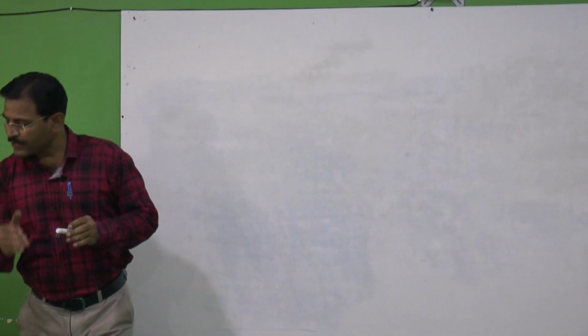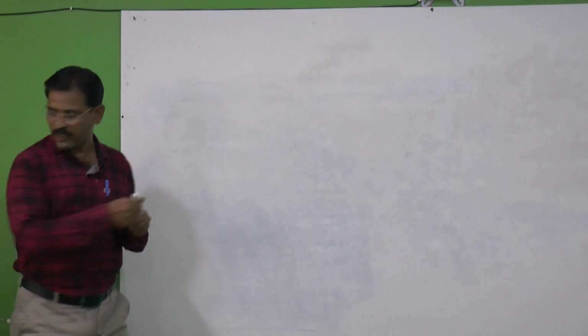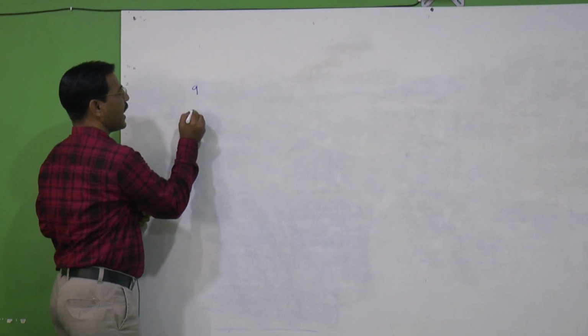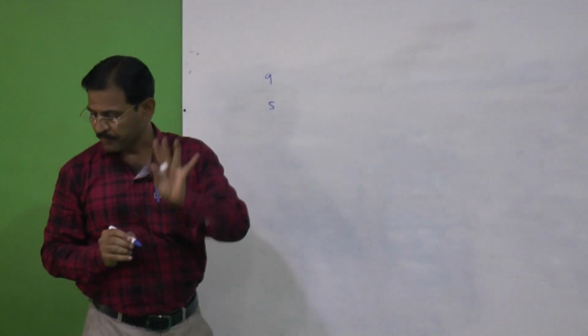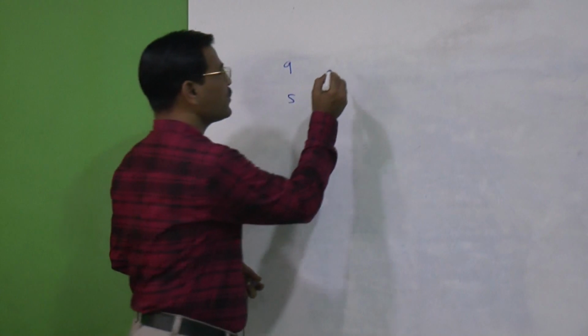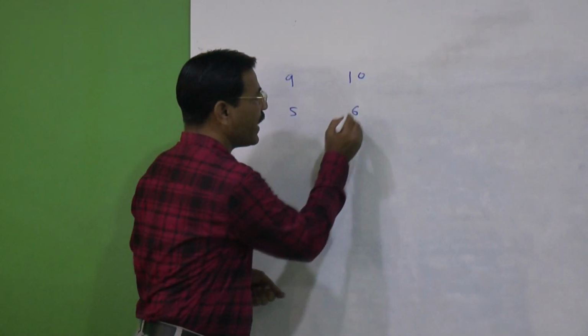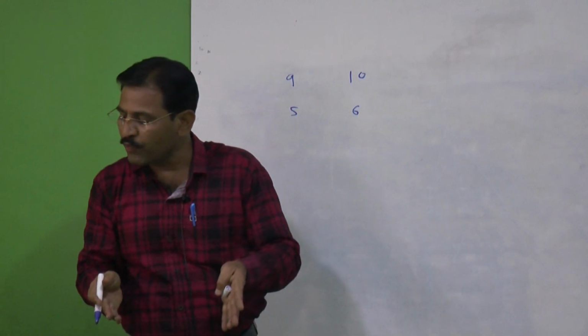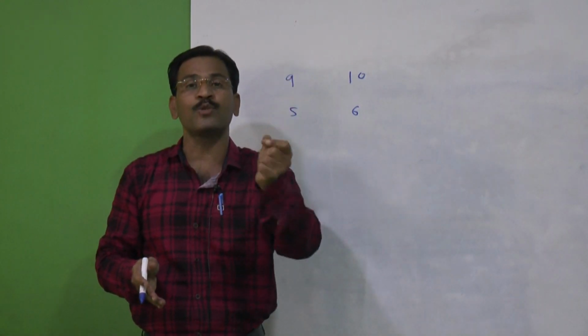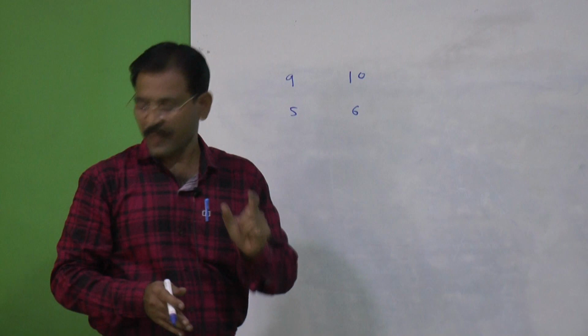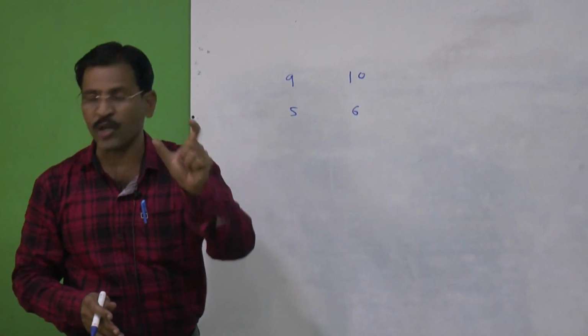Okay, and base of another triangle is 10 and height is 6. So by using this, we are going to find the ratio of areas of these two triangles.